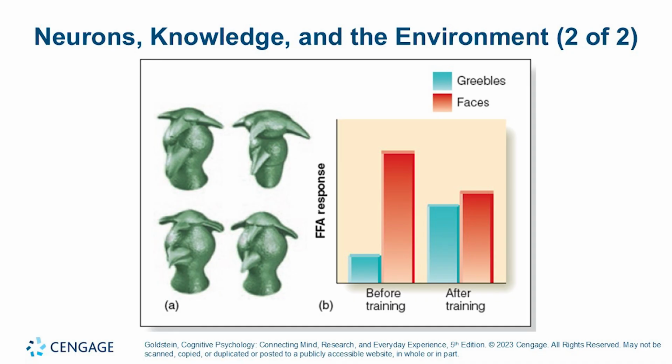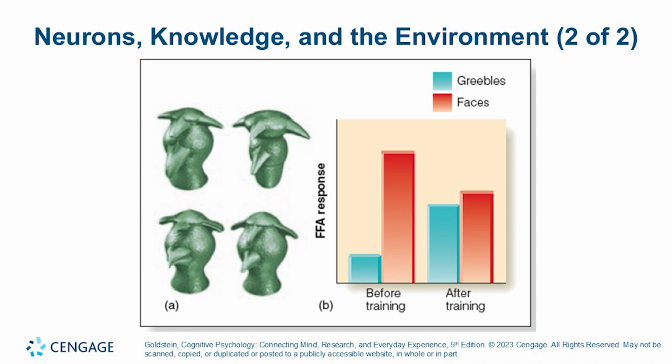Scientists created this class of objects that they called greebles, which all had a similar configuration of parts, but those parts could vary in lots of different ways, just like human faces. And what they found, when testing people and recording the activity levels of their fusiform face area, was that initially this area of the brain would respond very strongly to faces and not very strongly at all to these greebles.